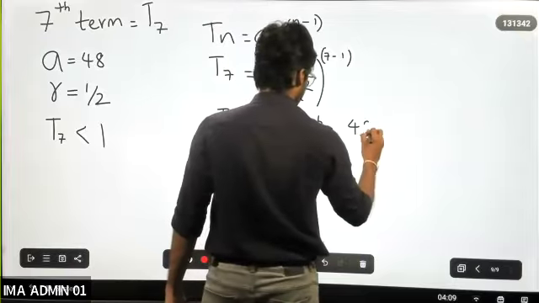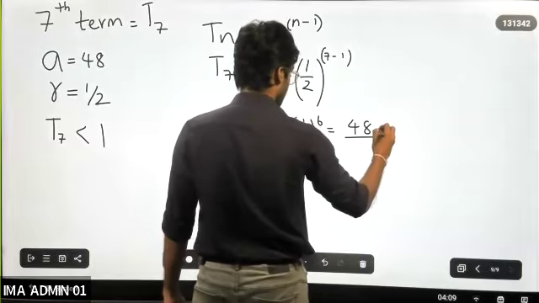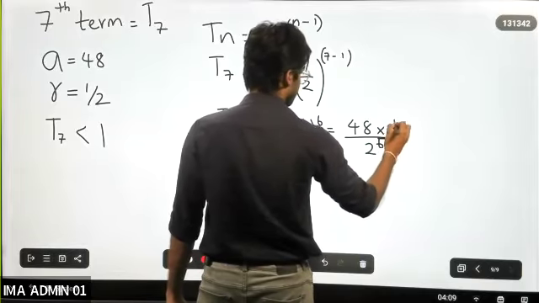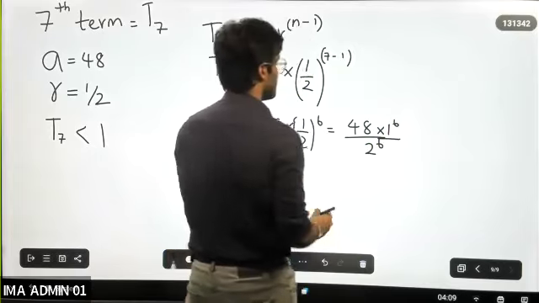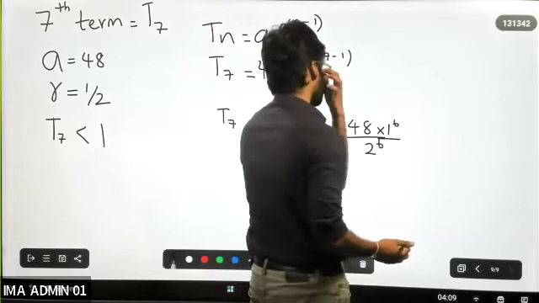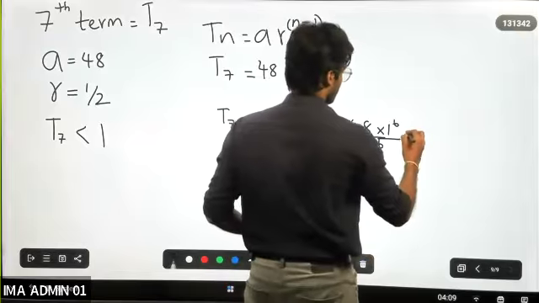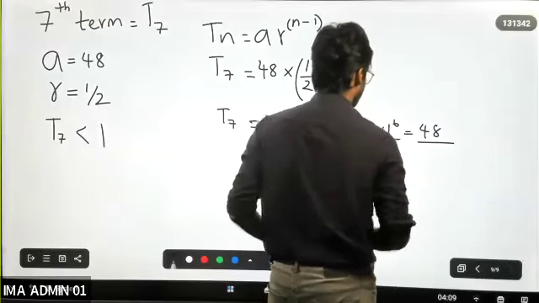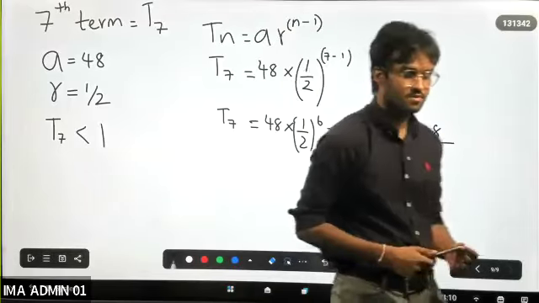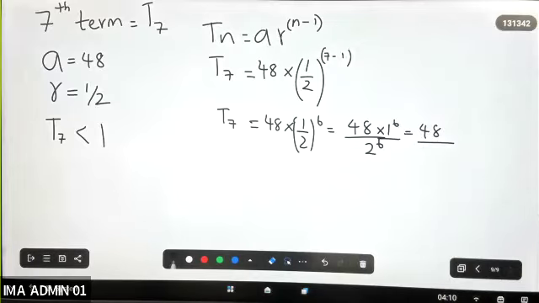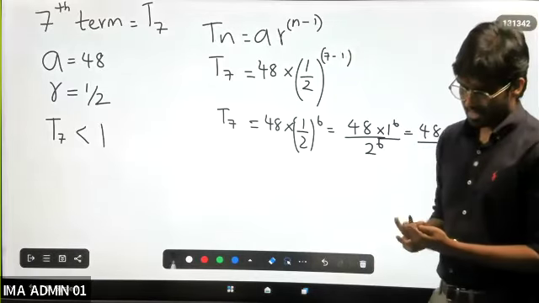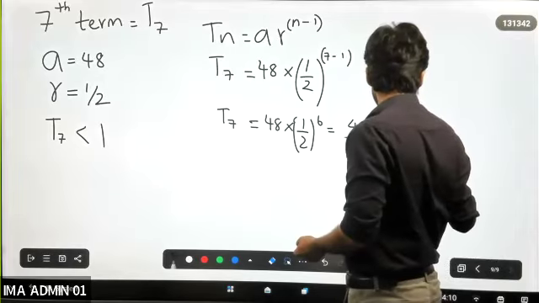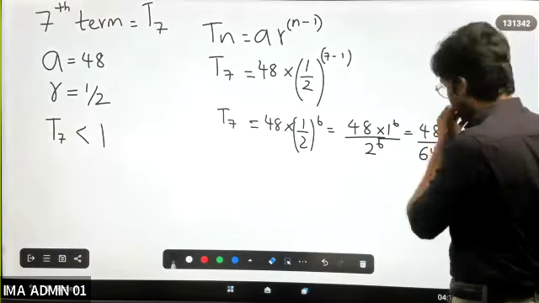If I further simplify, it's 1 to the power 6 and 2 to the power 6. So 48 divided by 2 to the power 6, what's the value? 2, 4, 8, 16, 32, 64. 64.